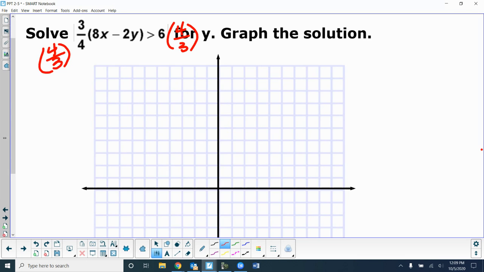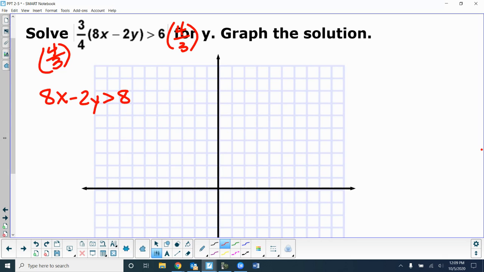It's a little bit easier and quicker if we do it this way. So the 4/3 and the 3/4 cancel. So all I have is 8x minus 2y on the left. And then just go 6 times 4 is 24, divided by 3 is 8. And the fraction's gone. And now it's easier to get y by itself, isn't it?